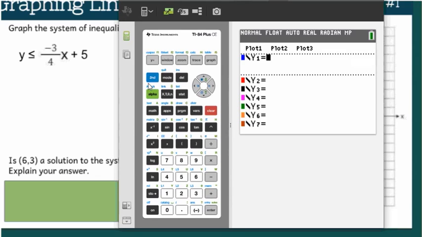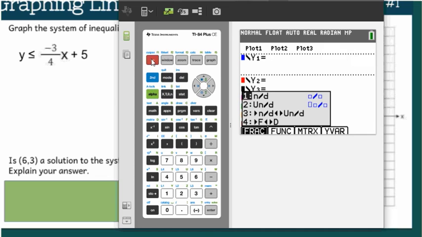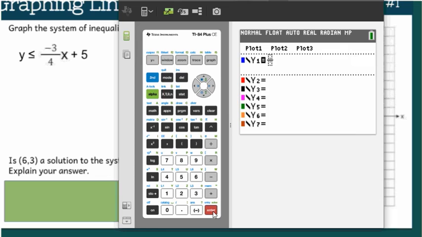On our graphing calculator, we're going to click the y equals button, and we are going to type in negative 3 over 4x plus 5. There are different ways to type in fractions, but I like to press the buttons alpha, which is the green button, y equals, and then enter.